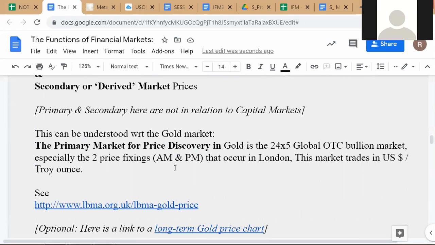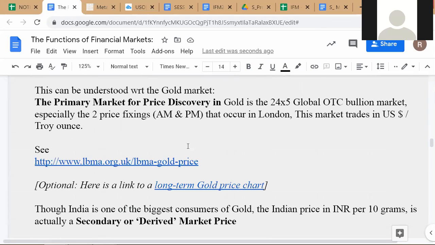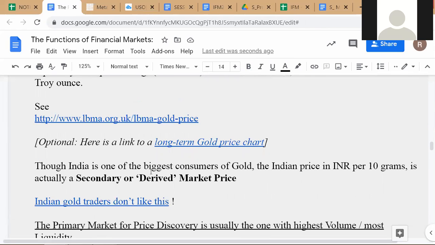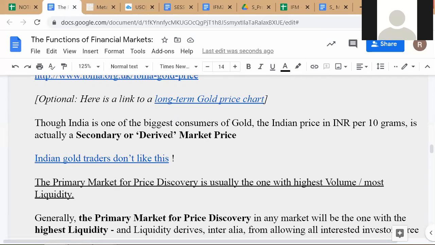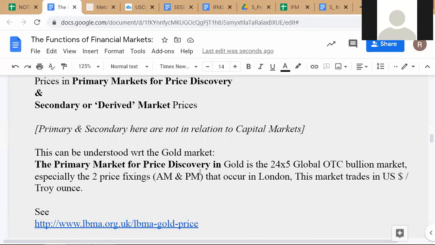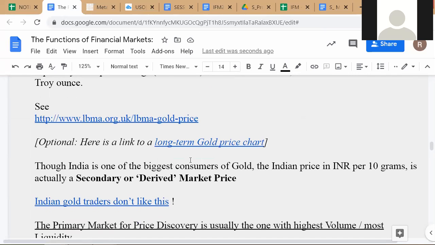Okay. So what we'll be saying is that whenever you're dealing with any kind of markets, trading or risk management problem, you should be aware of what is the primary market for price discovery. In the Indian market, this is actually a secondary or derived market price, which tends to track the international gold price, but there are some distortions because we have a lot of import duties and volume restrictions.